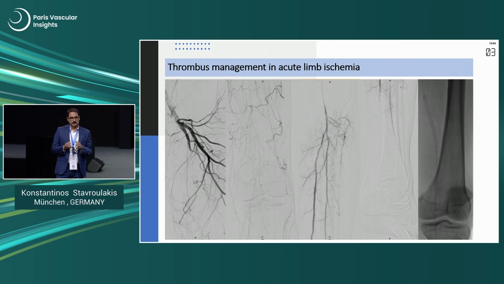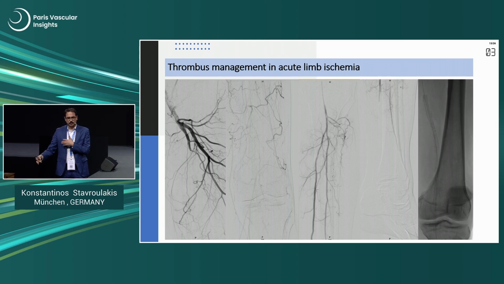Another important issue is how we treat thrombotic disease. We have many patients that come with acute limb ischemia and other patients that present with acute on chronic. And when you have thrombus, you can, of course, go for lysis primarily. But some patients, first of all, have contraindications, and secondly, when you have a very long occlusion, subacute disease, you might not have the time.